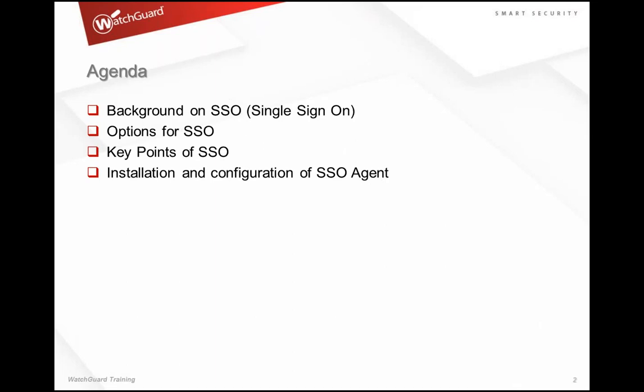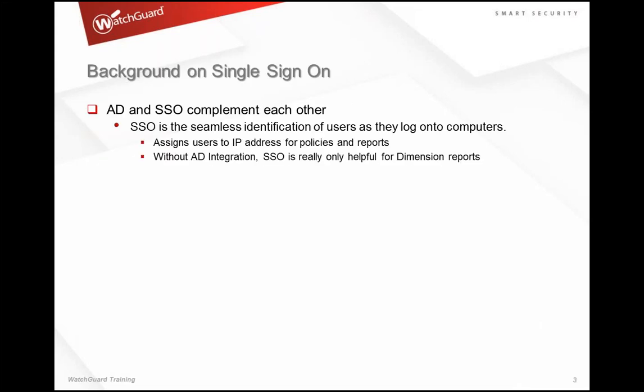For the sake of time today, we're going to cover the event log monitor. We're going to talk about some of the key points, and then we're going to look at the installation and configuration of that SSO agent with the event log monitor, and we'll go over that in more of a hands-on style environment.